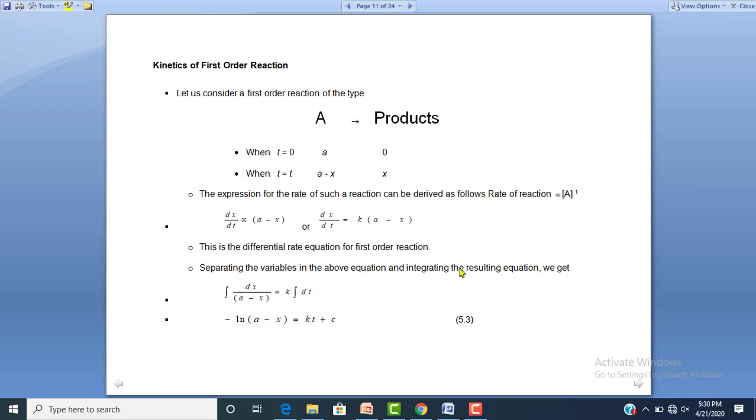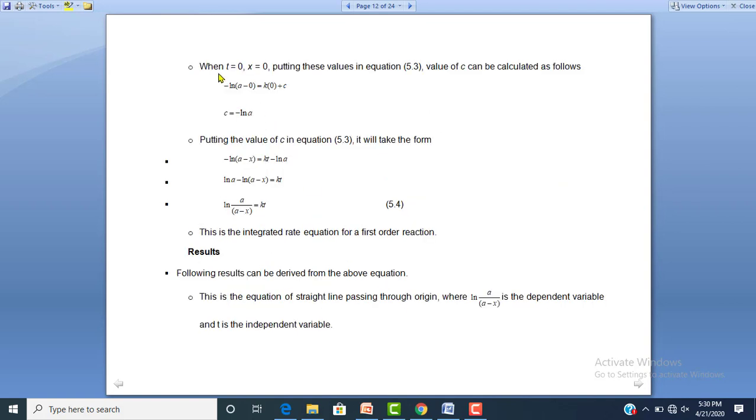After applying integration, we obtained equation 5.3: minus log natural into a minus x is equal to kt plus c. By applying the initial conditions, when time was 0 and x was 0, the value of c becomes negative log natural a.